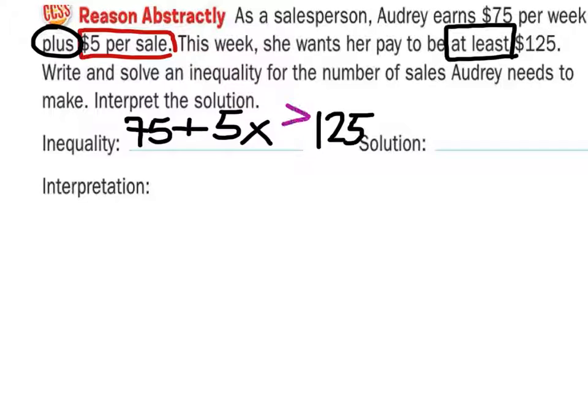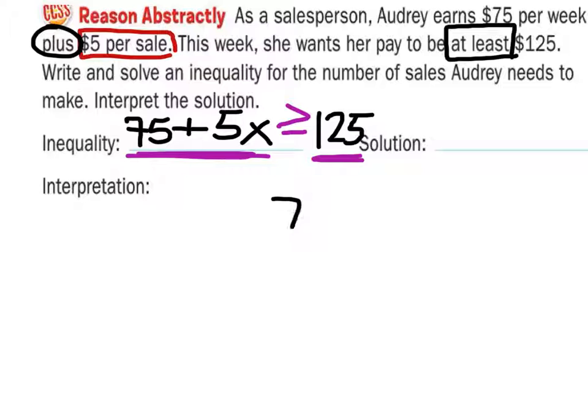This is going to be greater than or equal to. Why, Luke? Because it says at least $125, so it would be greater than $125. Excellent. It can be equal, because that would be at least. But it's got to be more than, because the least she wants to make is 125. Well, now all we need is a solution.